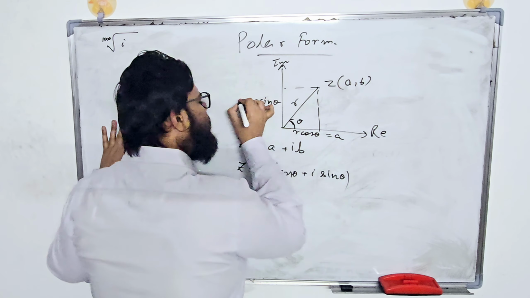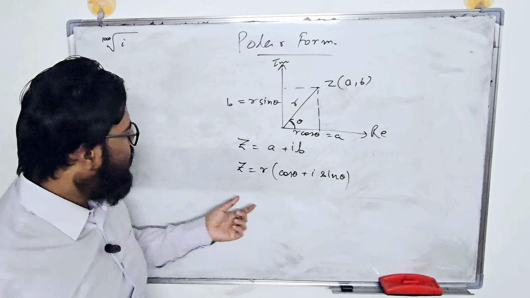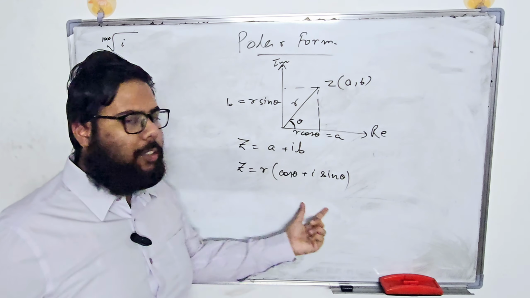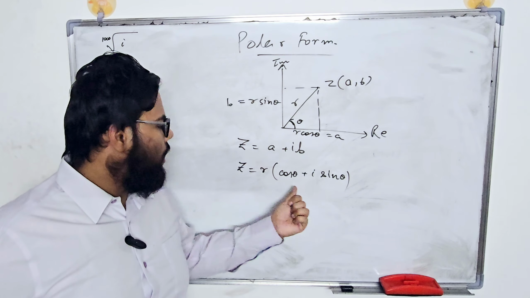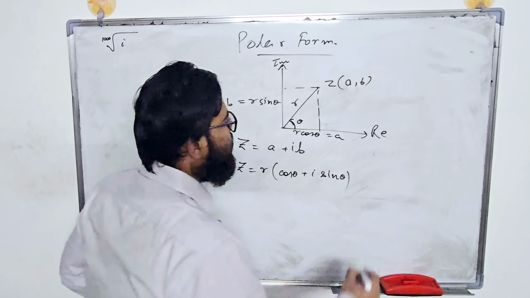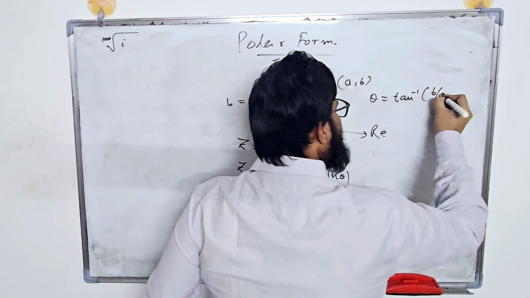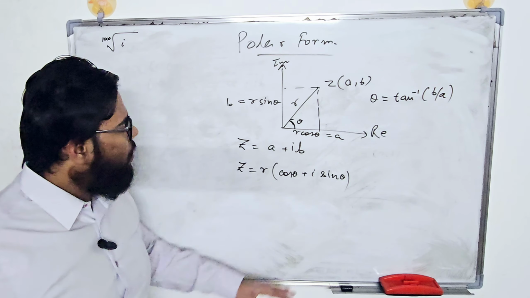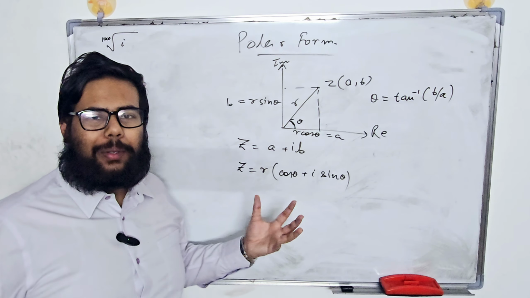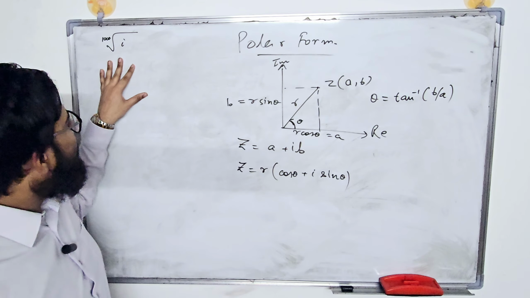So this is equal to a and this is equal to b. From here we get this expression. So r is the magnitude and theta is the argument, with tan theta equal to b by a.